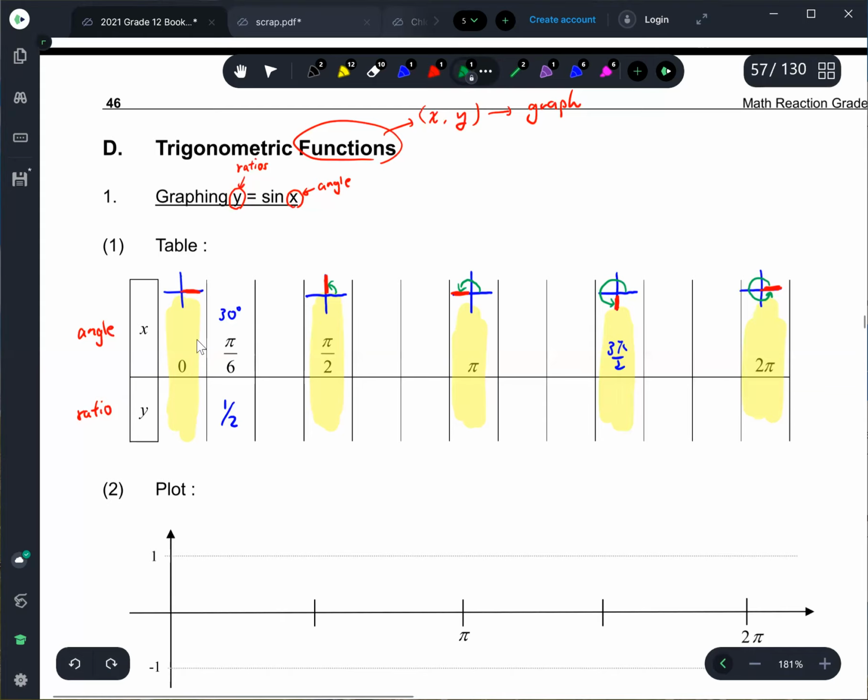Okay, please raise your hand if you finish setting up the page. Highlight the ones that are on the axis. And we are doing sine, sine of each angle.